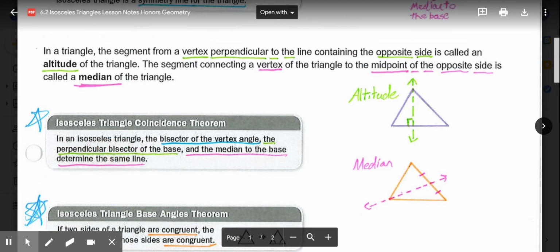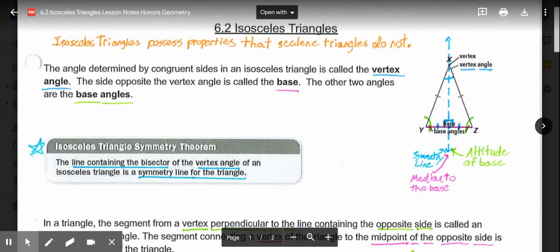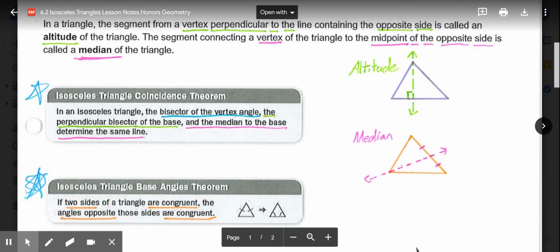So the median to the base, the altitude of the base, and the symmetry line are all the same line. That is the isosceles triangle coincidence theorem.